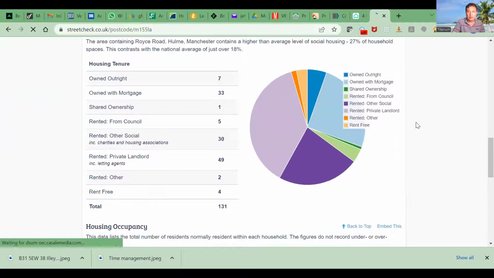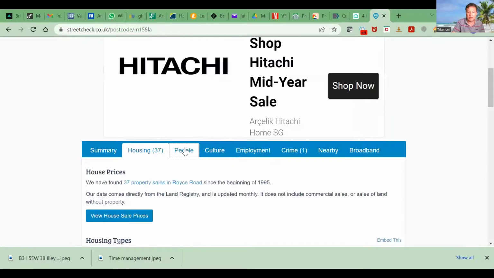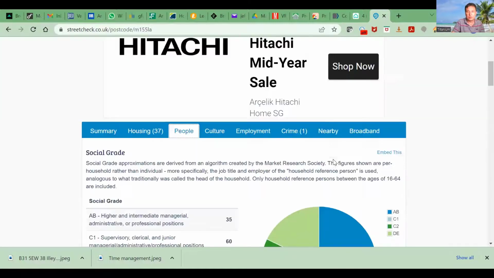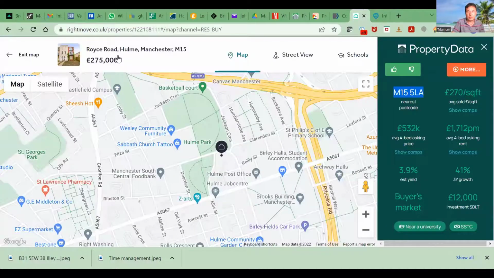Okay. A lot of private rented, owner occupied, owner with mortgage, a lot of private landlords. So it's a big rental market, right? But mainly white collar, ABC1. So pretty okay area, right?